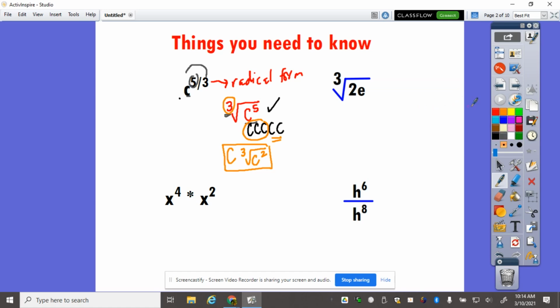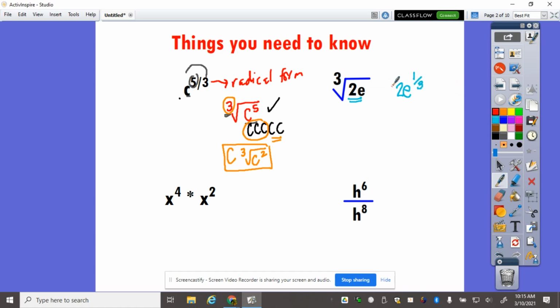Okay? So, one more. I have here cube root of 2e. This is in radical form, and you have to convert it to exponential form. So this is the radicand. That will be the base now. And the invisible exponent here is 1. So it will be 1. The index is 3, so 1/3.